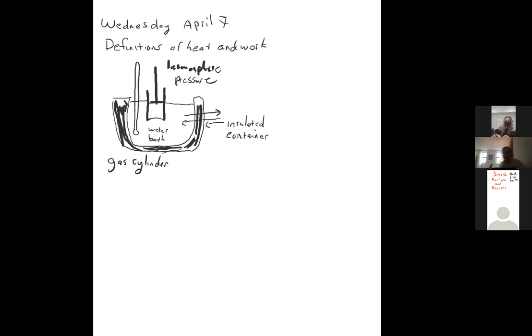Okay, so you have a little bathtub on the inside, you have this insulator here, and that insulator is essentially trying to slow down or stop the transfer, what we call heat transfer, between the environment. And the environment is called the surroundings. Okay, that's the environment around this gas cylinder, okay?